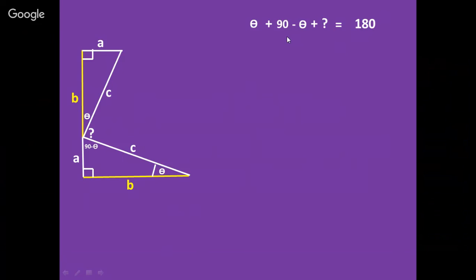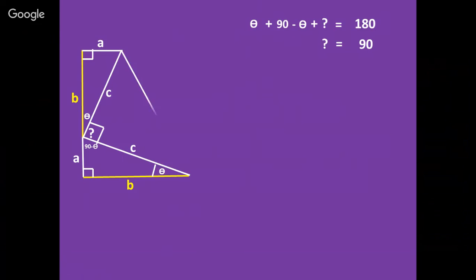Now we can solve this equation for the unknown angle. Plus theta will cancel minus theta, and we will get this unknown angle as 180 minus 90, which is 90. So this angle is also 90 degrees.